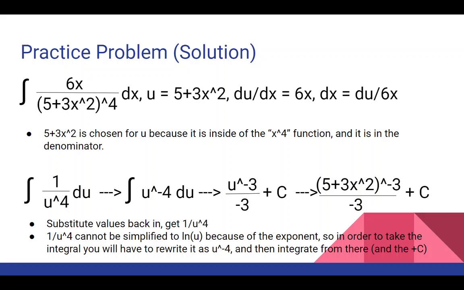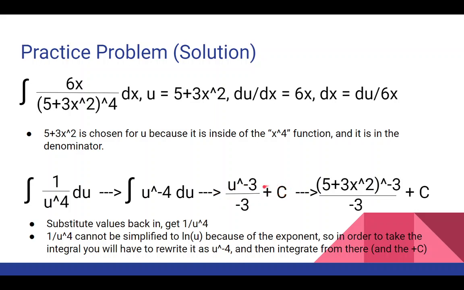So I rearranged this so it's u to the power of -4, and then from here we can just integrate it as normal. So I got u to the power of -3 over -3, because you add 1 to the exponent and then divide by it, and you have to remember the plus c.